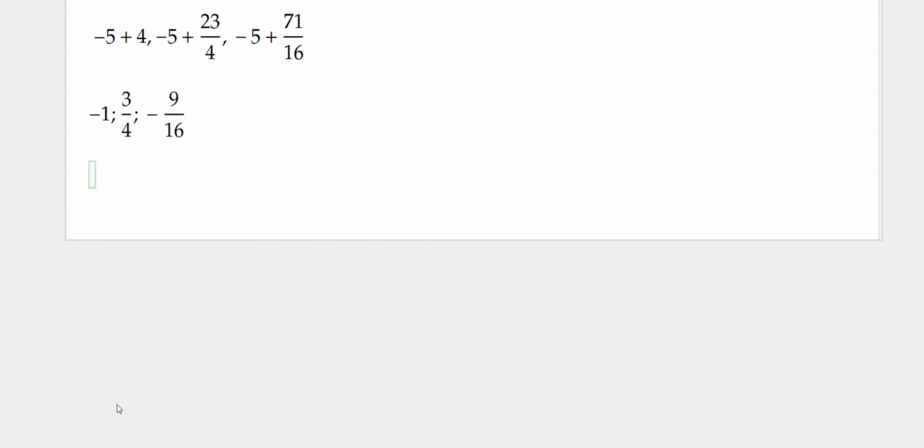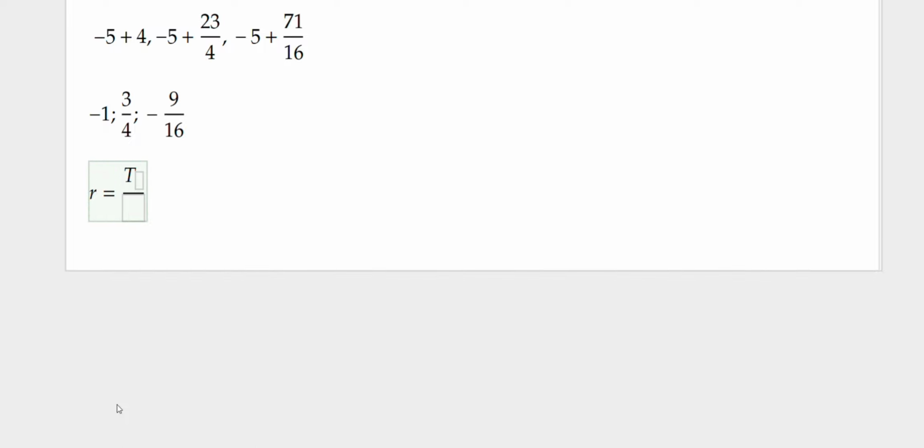And to find our R value, we'll say T2, which is 3 over 4, over negative 1.